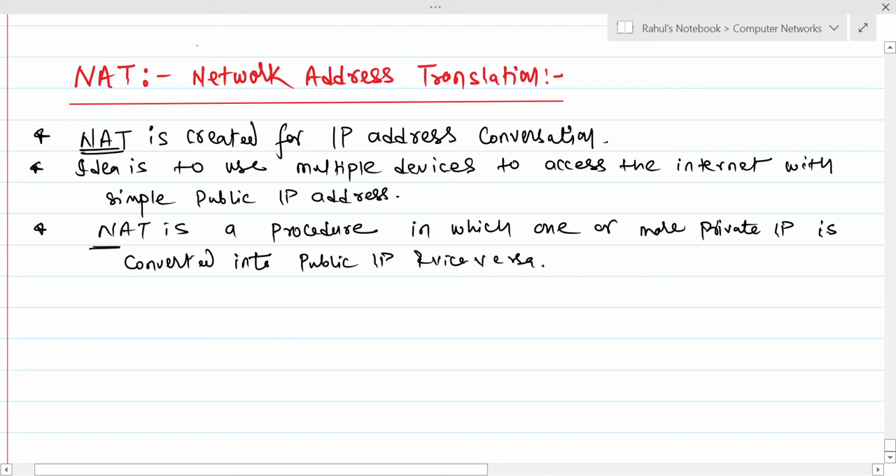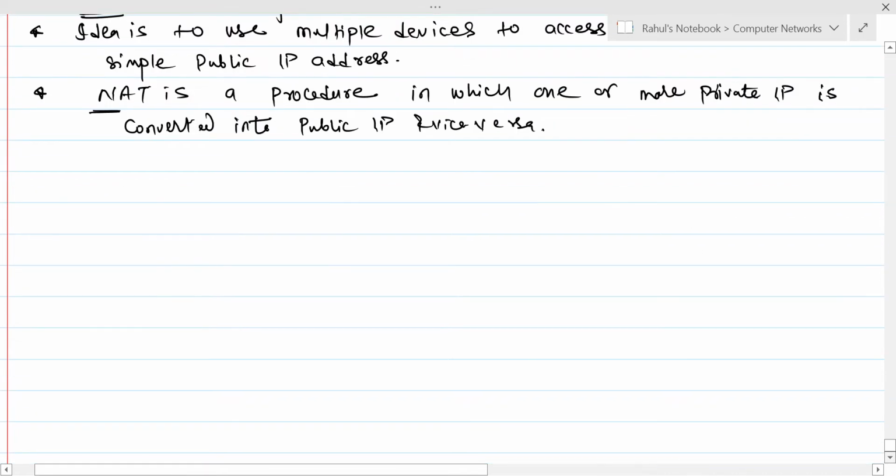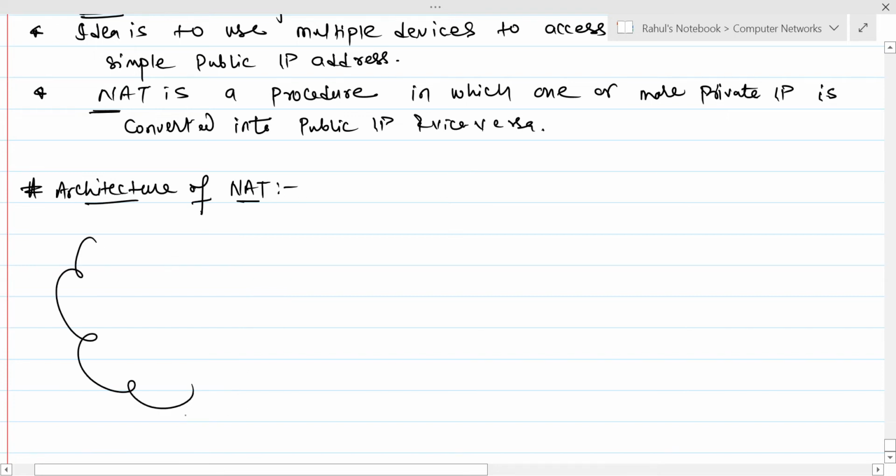And if I construct a simple architecture of network address translation. So let's say this is a router of this network.